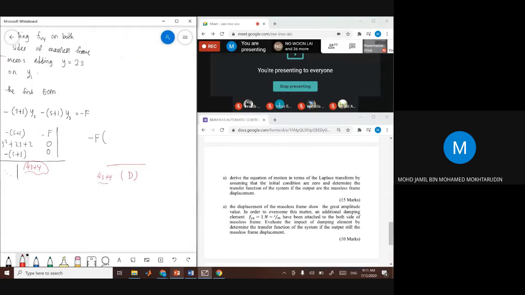So if you calculate the poles and the poles are on the left hand side of the s plane, then the system is stable. If the poles are located on the right hand side of the s plane, then the system might be unstable. So if my answer, the impact is you are adding another pole or additional pole, or you adjust the poles of the system.